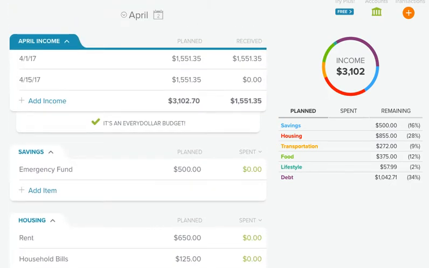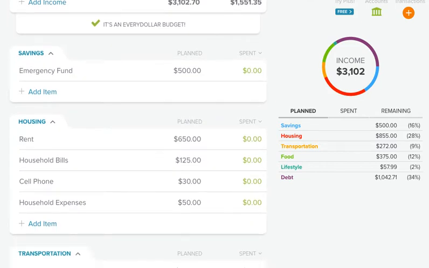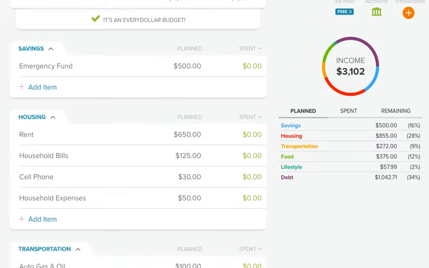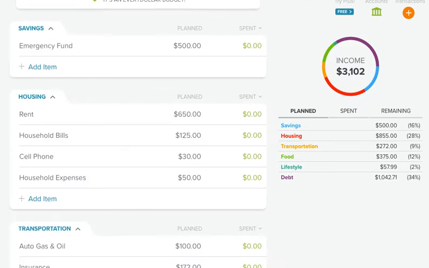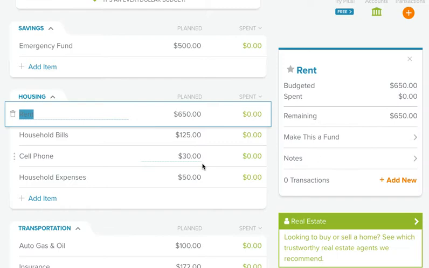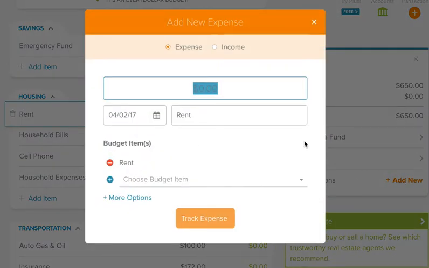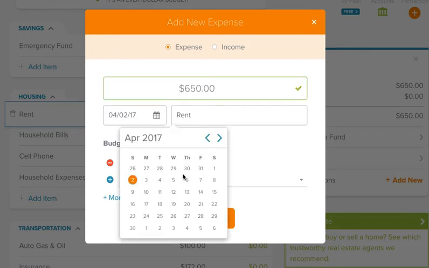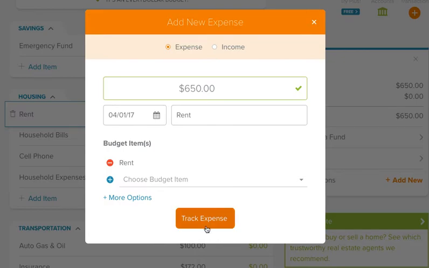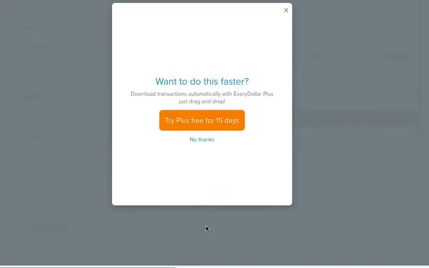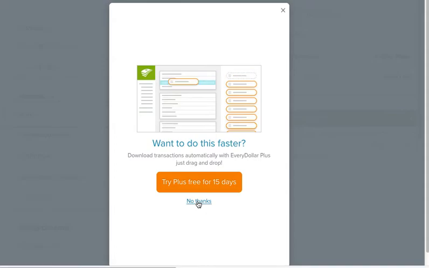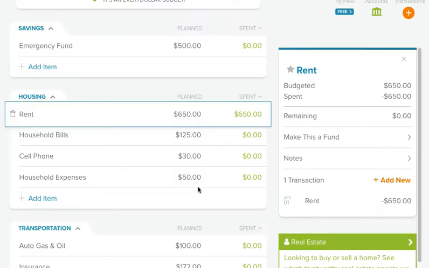So since today is the 2nd of April, actually I already paid some of the bills since I like to pay them pretty early. So for rent, I'm going to go ahead and add that I already paid it. And I paid that yesterday. Okay, so that already shows that I paid it, so I have nothing else there.